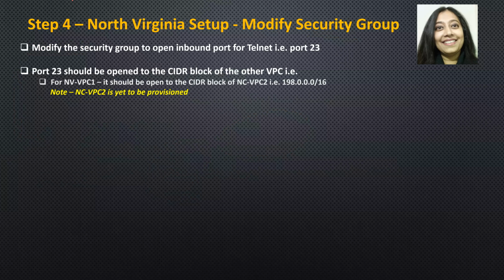Step number 4, we need to modify our security group, right, to open inbound port for Telnet, that is port 23. And port 23 should be open to the CIDR block of the other VPC, right? So that is North California's VPC, VPC2. This is its CIDR block. Remember, it's yet to be provisioned, but right now we're just doing this setup.